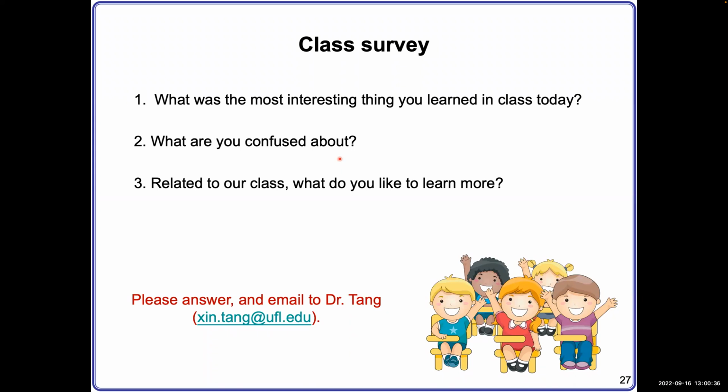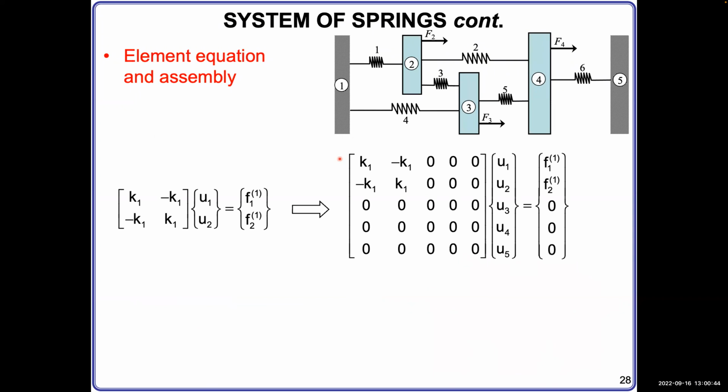Now let's get to the material we are going to discuss today. In the last lecture, we started to assemble the individual spring equations into the structure equation, right? Here is the spring system we have been working on for several lectures.